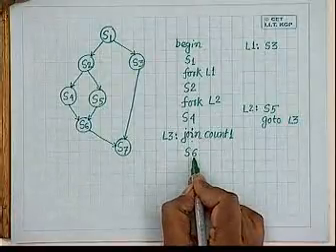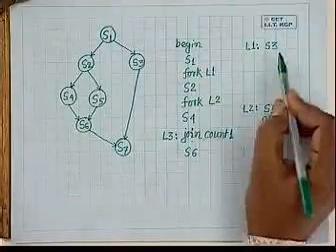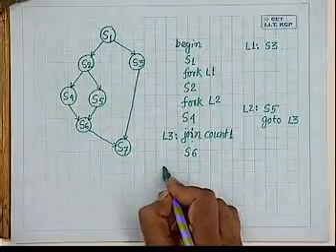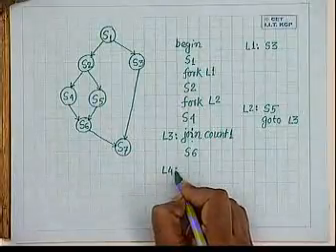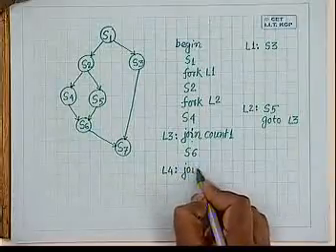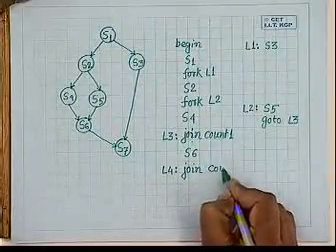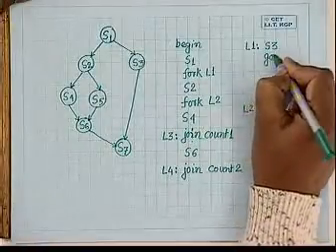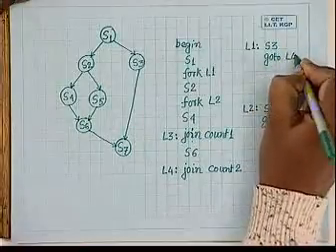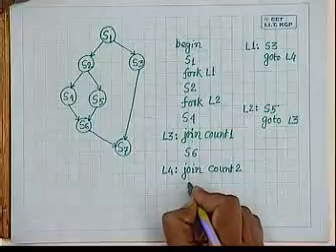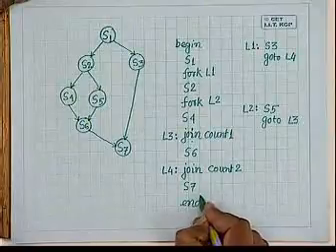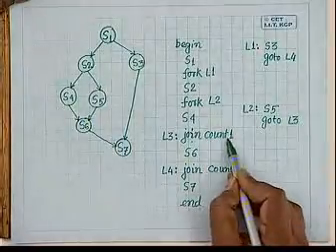After completion of S6, I have to combine two processes, one executing S3 and the one executing S6. So I'll put a label L4 with join count 2. Okay, and here I'll give goto L4. Okay, then the final one will continue with S7, and then you come to the end of the program. So you find that I have to have two count variables, count 1 and count 2.